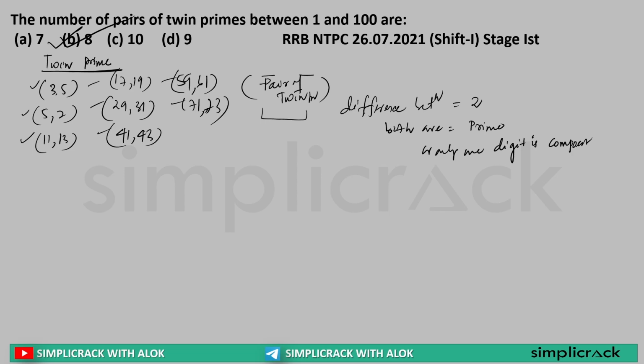So first of all, you need to understand the properties of twin prime numbers. You should understand that there should be a difference of 2 whenever you are finding twin prime numbers. Now, next.